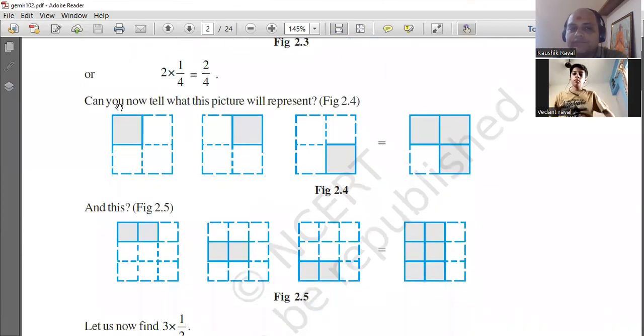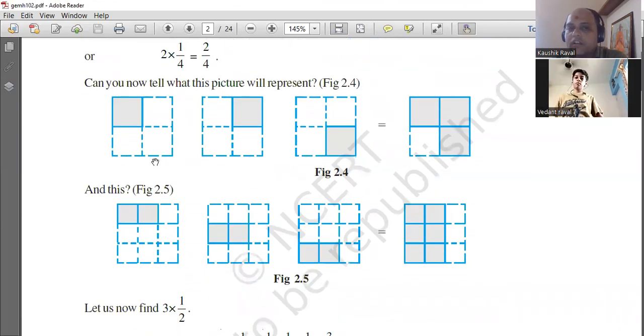Now look at this one. Can you tell what this picture will represent? How many parts are shaded in one square? 1 upon 4. How many such squares are there? 3.